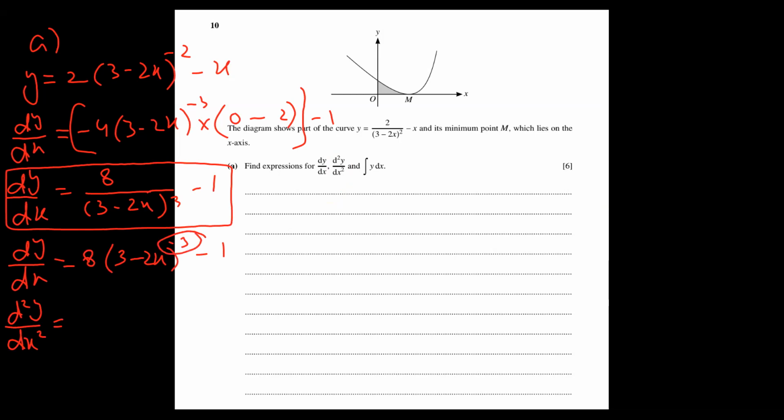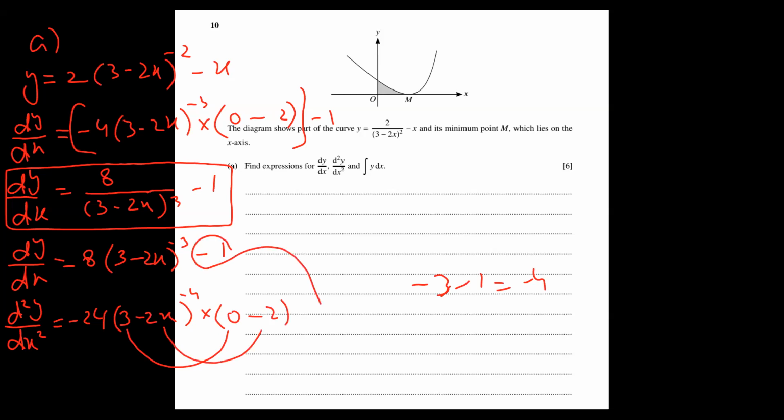The power comes down and multiplies, and it becomes -24. And the power reducing means -3, -1, it gives us -4. This base remains the same, copied as it is, times 2, the derivative of the base. So 3 has 0, 2 has 2, and the derivative of this one is 0. So we got it, Alhamdulillah Rabbil Alameen. The idea is very clear.